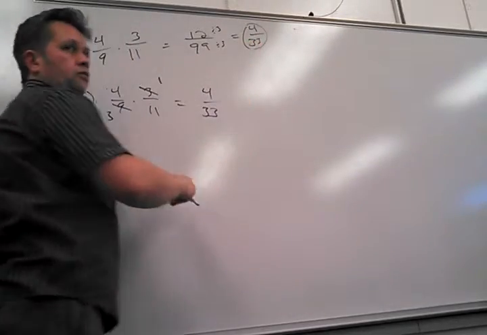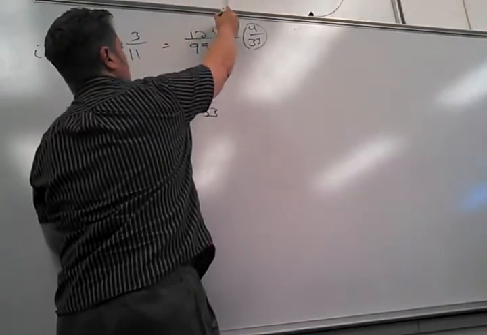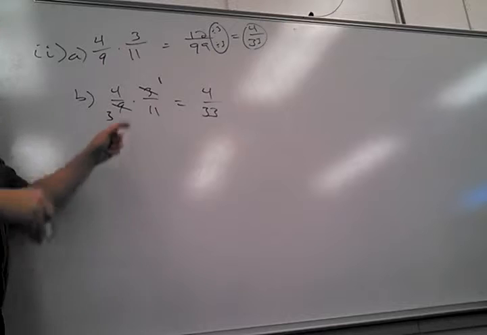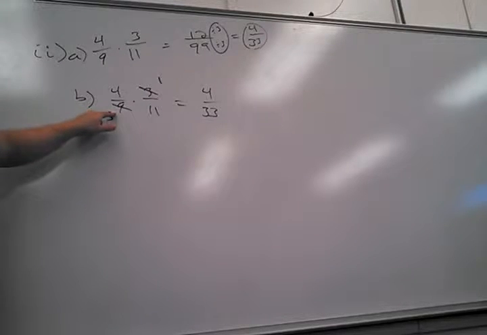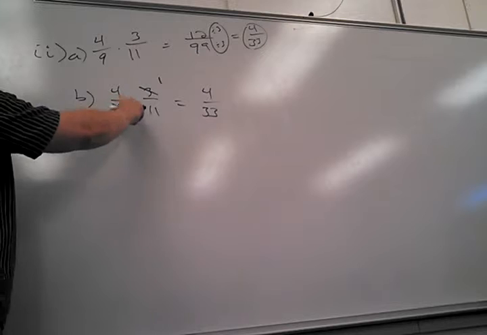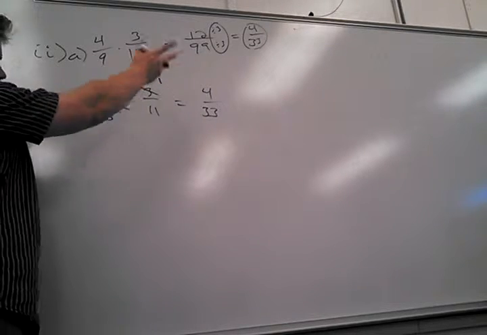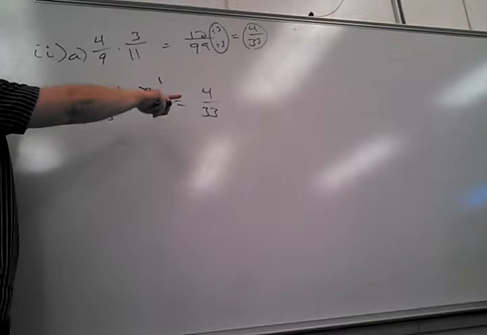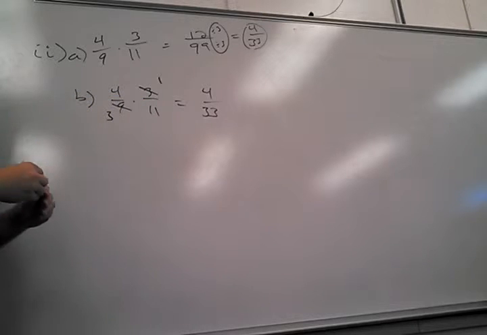Yes? 4. How you get the 4? 4 times 1? 4. 3 times 11? But I don't understand that. Here I just did 4 times 3 as well. And 9 times 11 is 99.